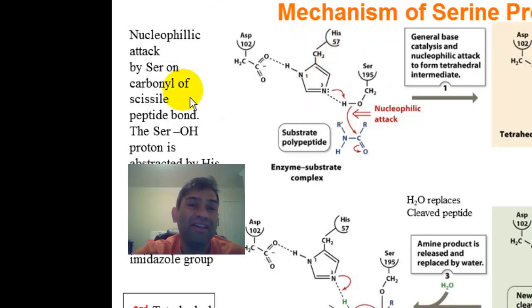Even though the histidine is not a major player, the hydrogen bond pull is of major importance for this mechanism.